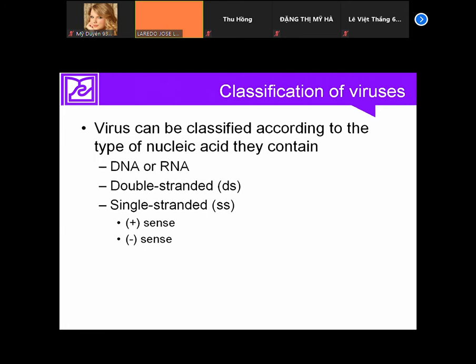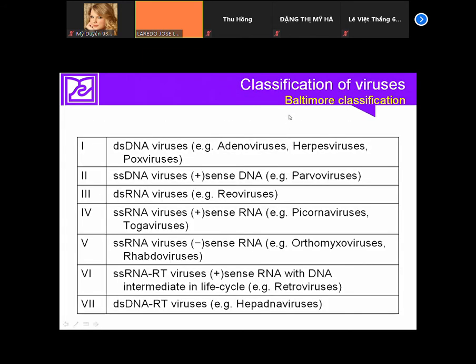We can classify viruses depending on whether they are made of DNA or RNA, and whether they are double-stranded or single-stranded. And if they are single-stranded, they may be positive sense or negative sense. This classification is called the Baltimore classification of viruses. The Baltimore classification classifies viruses into 7 types.